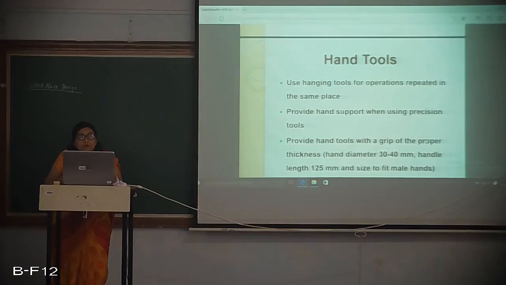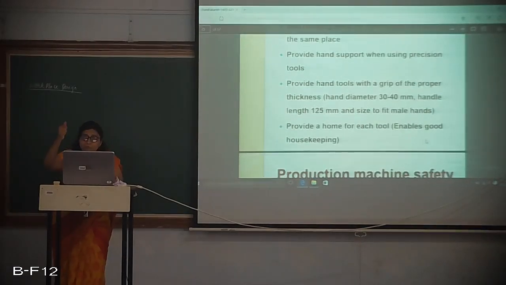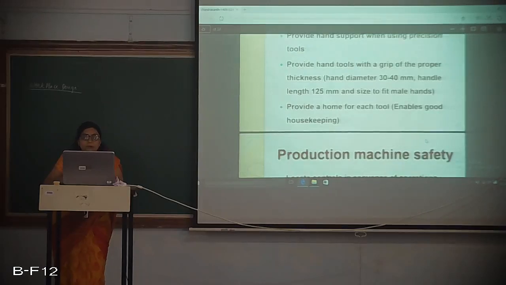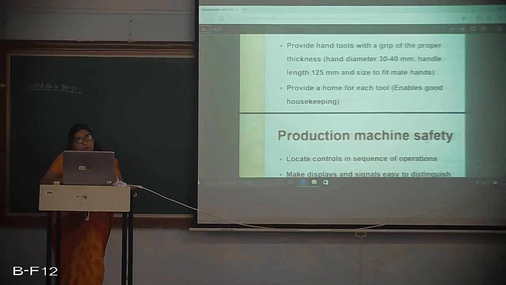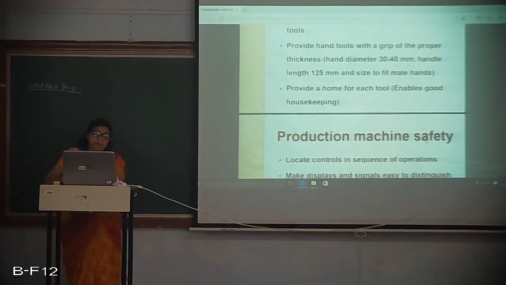Provide a home for each tool, in the sense of proper, good housekeeping.